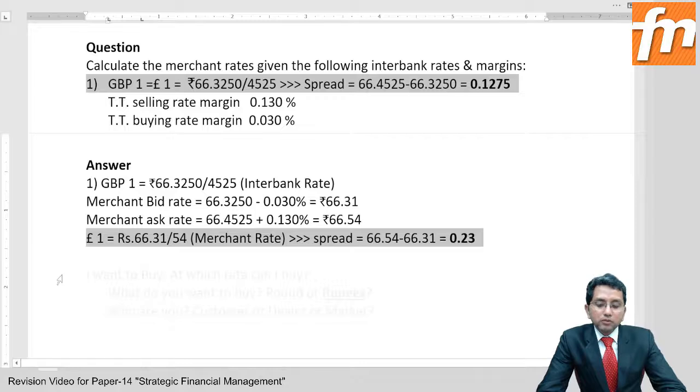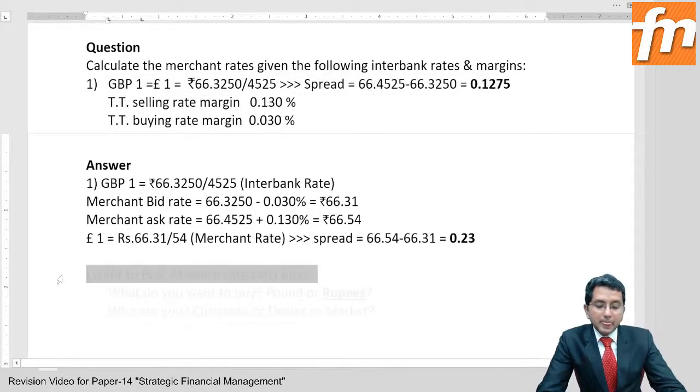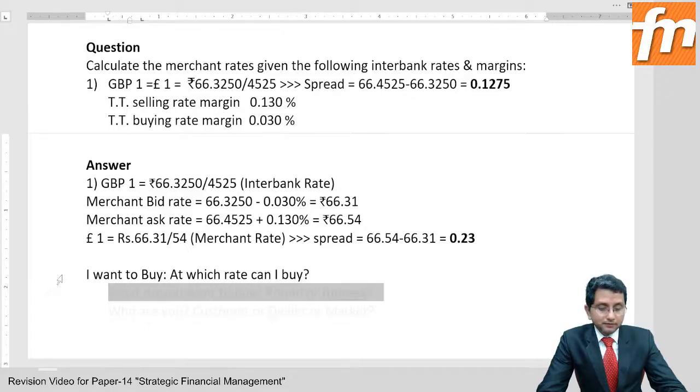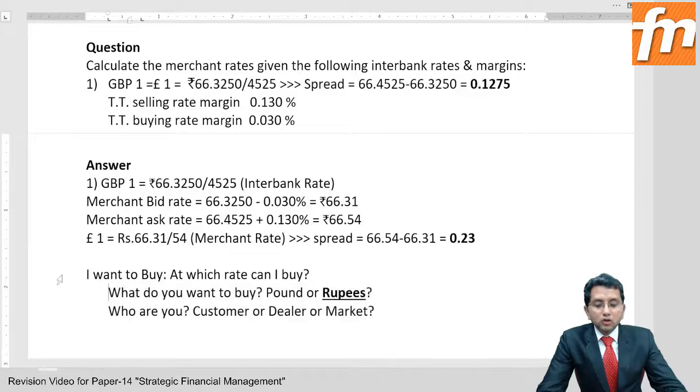Okay, let's explore buying selling rate once again. I want to buy pounds. The question is, at which rate can I buy? If nothing is specified, I am the quote maker. So what do you want to buy? First of all, you decide you want to buy pound or you want to buy rupees.